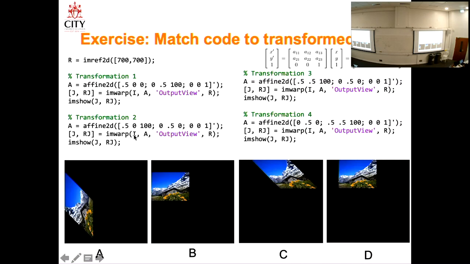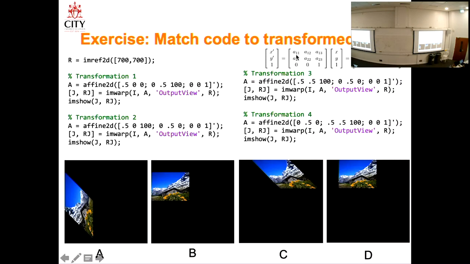So this one would either be B or A, right? Because it's shifting 100 in the y dimension. So this is x, and the height is y, right? So it's shifting it 100 lower.